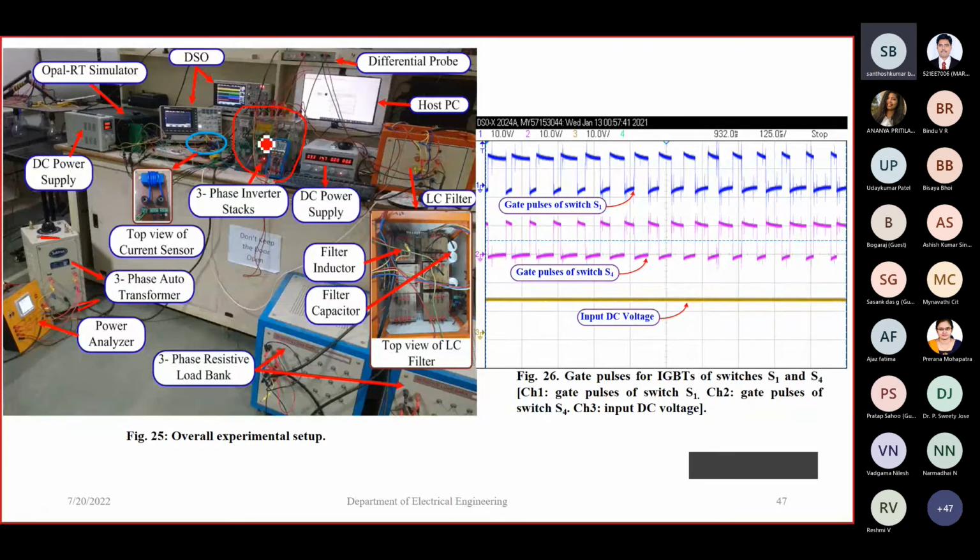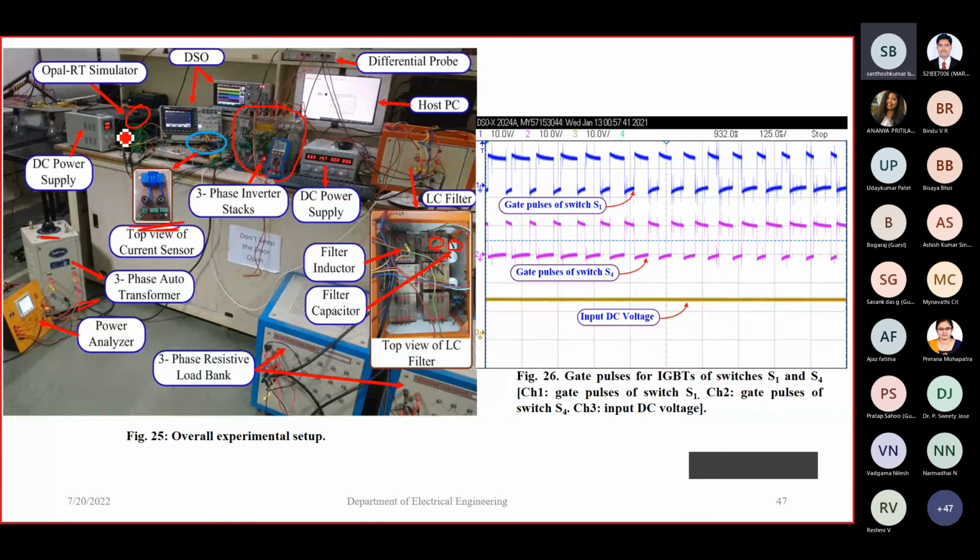Then this is the OPAL-RT, and this is the top view of the current sensor. Here are the filter capacitor and filter inductors. From this I am sensing the current using this current sensor, and I am sending it to the OPAL-RT.